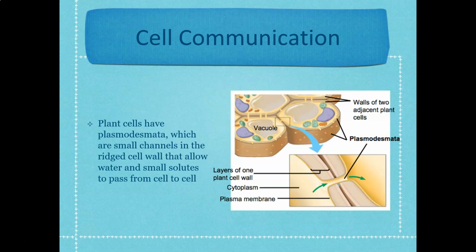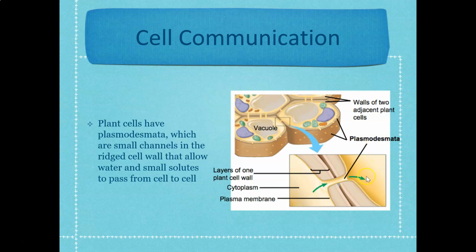When we look at things like your plant cells, they have an interesting situation in the sense that they have that rigid cell wall. So in order for them to be able to communicate with the cell next door to them, they need a way to get materials to them. And it's not really easy to get materials across that cell wall. So what they have are these things called plasmodesmata. All right, and really these are just little pores or little channels that connect one cell to the cell next to it.